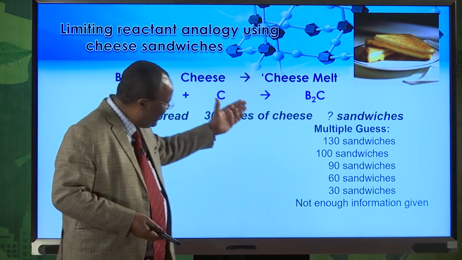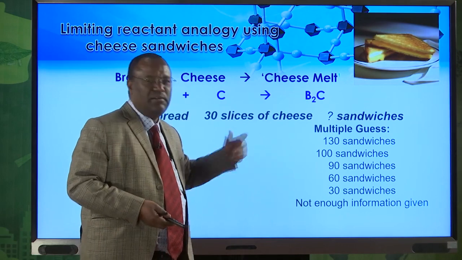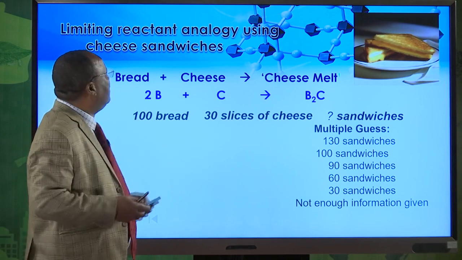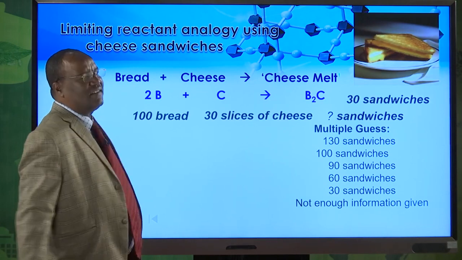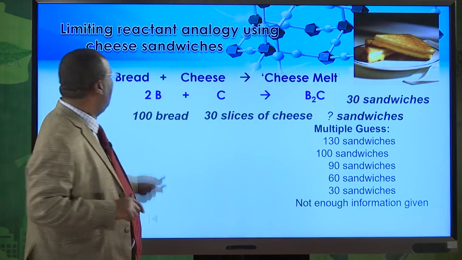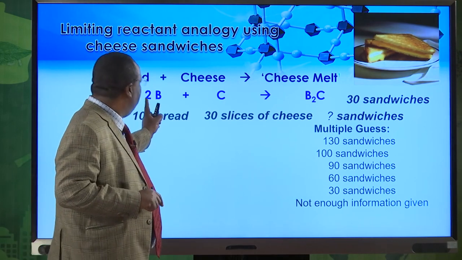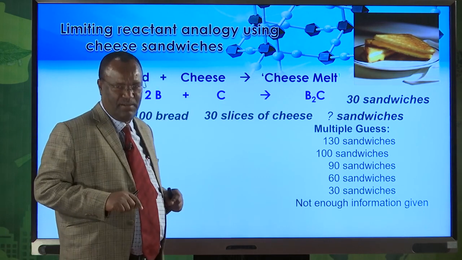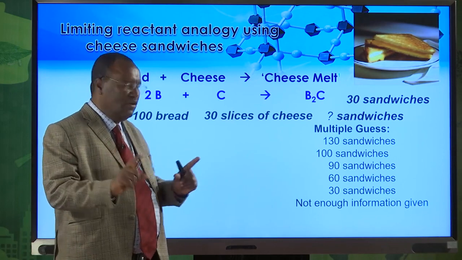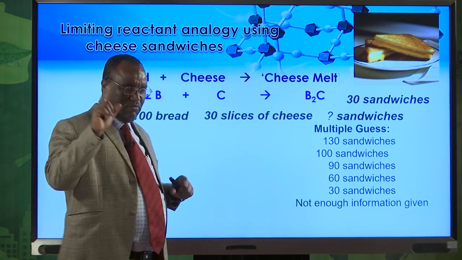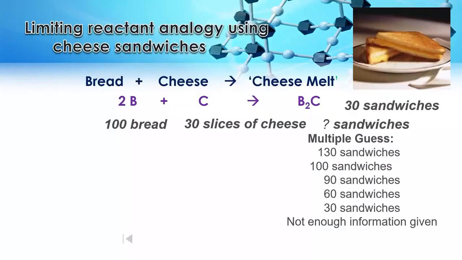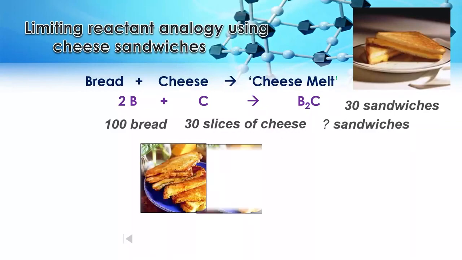Which guess is correct? 30 sandwiches. You can only prepare 30 sandwiches according to the ratio of the bread to the cheese. 2 pieces of bread combining with 1 slice of cheese will give you a sandwich. So you have 100 bread and 30 slices of cheese.